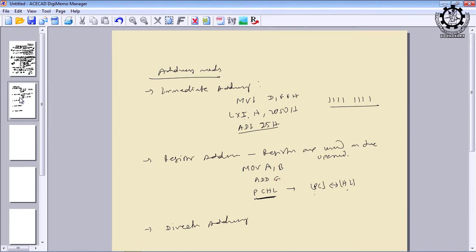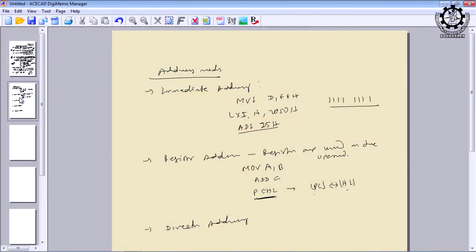It does not mean that without knowing PCHL we cannot do it, we can, but many more instructions will be required. And if you are acquainted with more instructions, the number of instructions required to write the program will be less. Okay. So, try to write programs so that many instructions become familiar.